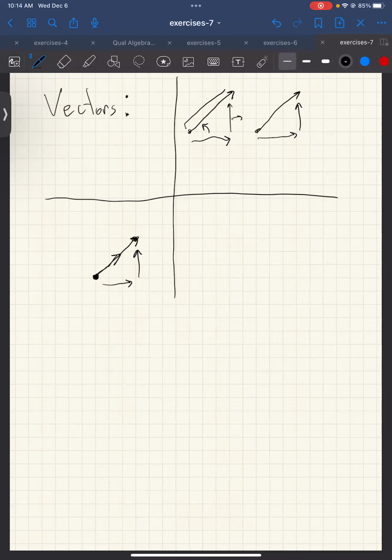And we call the point that we start at the initial point. And then we call the point that we end at the terminal point. And that is for every vector. Now, the initial point and the terminal point can be different depending on where we move the vector, but that just gives us a way of describing exactly where a vector sits.